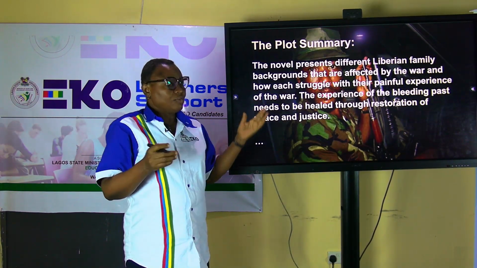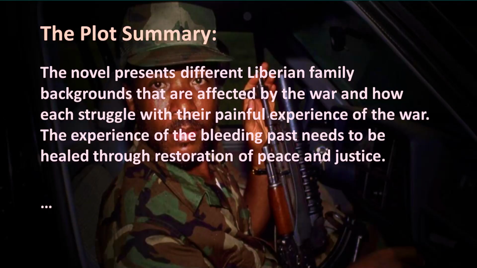We have the summary of the play. The novel presents different Liberian families that are affected by the war and how each struggles with their painful experiences. The experience of the bleeding past needs to be healed through restoration of peace and justice.